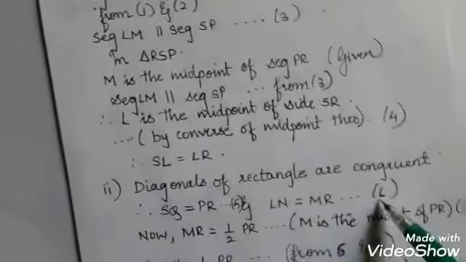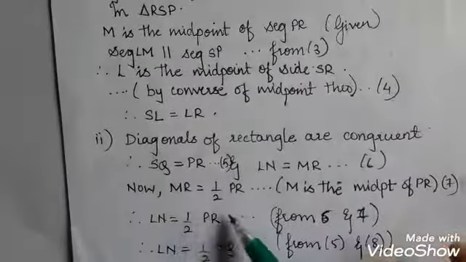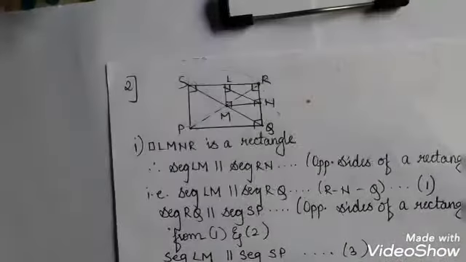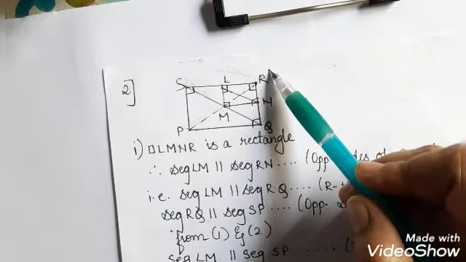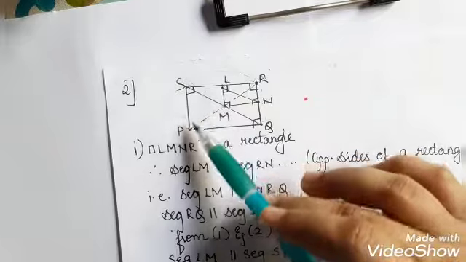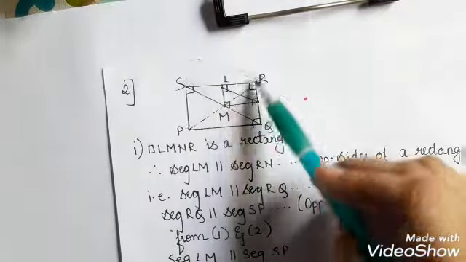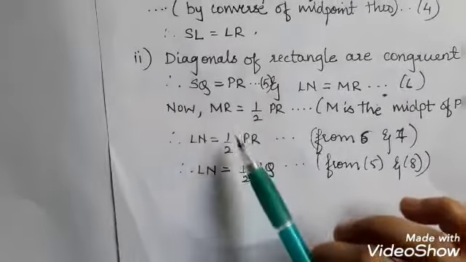But MR is half of PR. So I can say that LN is half of PR.